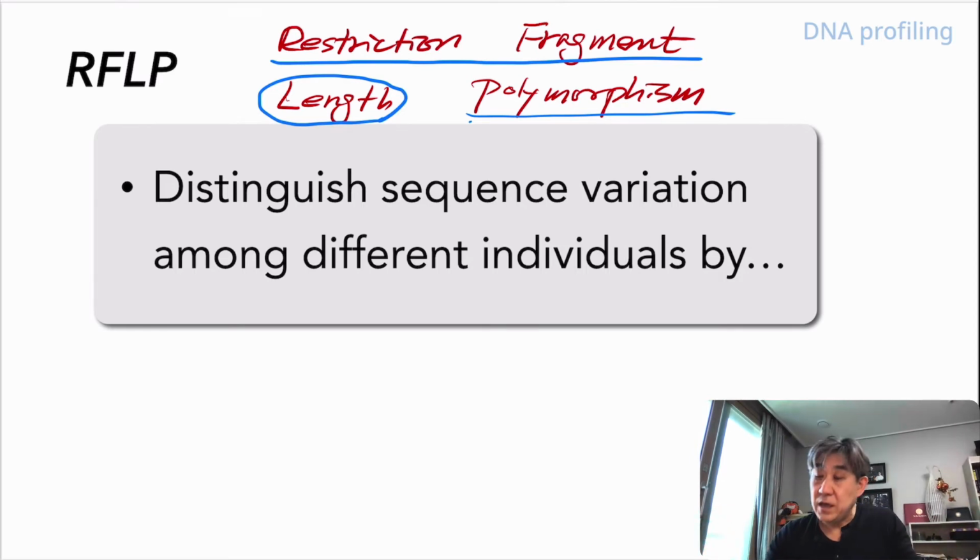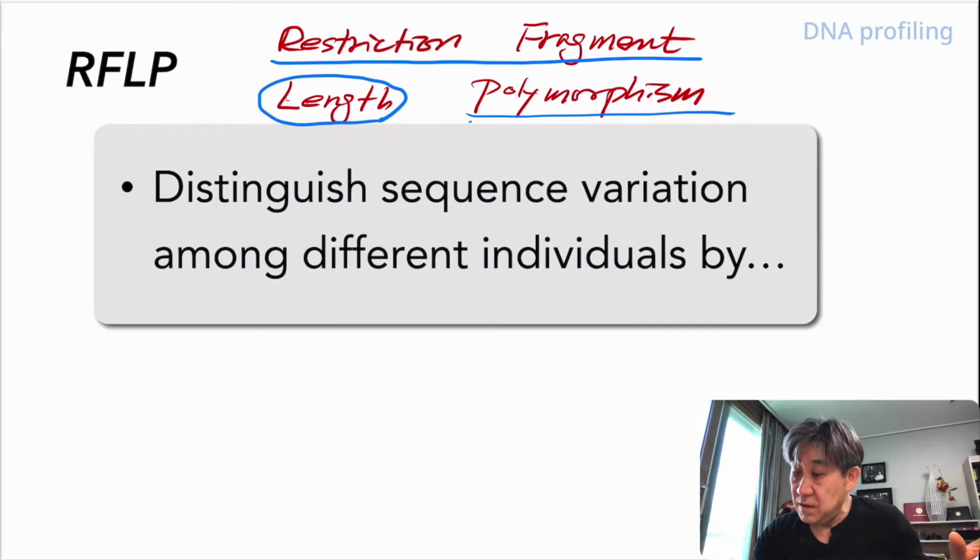That is what RFLP means. So you can detect these different fragment lengths, and by virtue of that, you see one individual has a long fragment versus another individual has a shorter fragment of the same locus region. That is the basic idea.